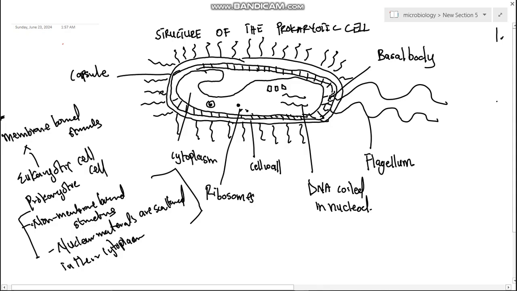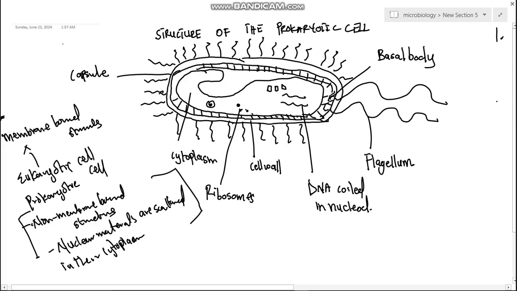Unlike eukaryotes, the prokaryotic cell is different. It's not like the eukaryotic cell. The prokaryotic cell is mostly unicellular, whilst the eukaryotic can be multicellular. The prokaryotic cell can exist on its own, unlike the eukaryotic that has to get two or more in order to survive. So this one is unicellular.